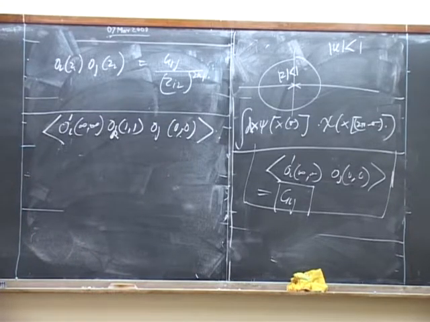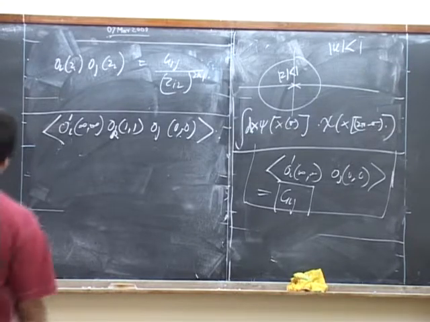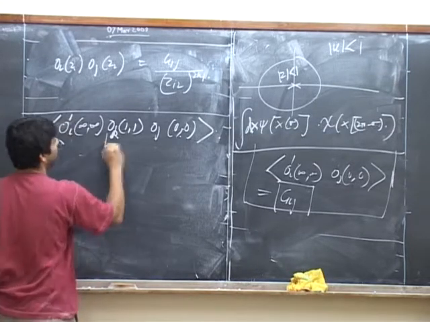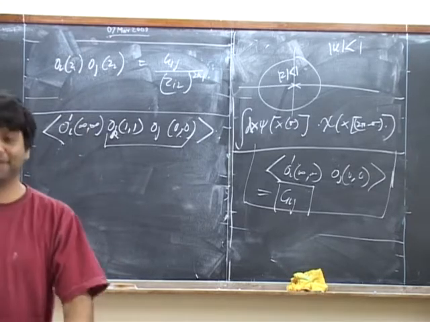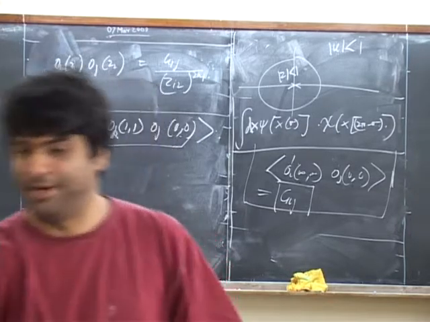In order to try to compute this object, what we're going to use is the operator product expansion. We take the OPE between these two guys, being thought of as being nearer to each other than to any other operator insertion.